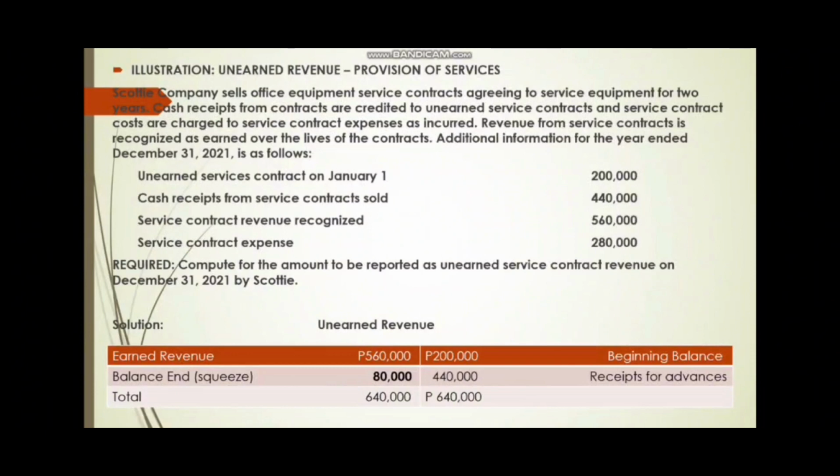And then the receipts for advances, cash receipts from service contracts sold, is 440,000. 200,000 plus 440,000 is 640,000. This should be equal on both sides. To get the ending balance, the squeeze amount, 640,000 minus 560,000 gives us 80,000 as the ending balance as of December 31, 2021.